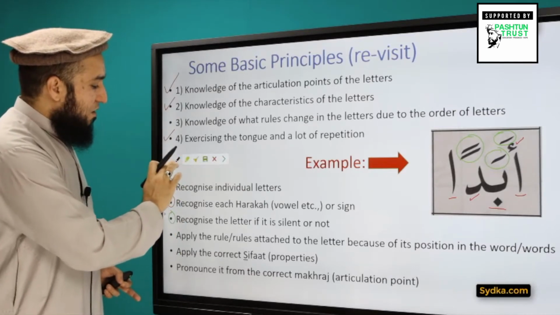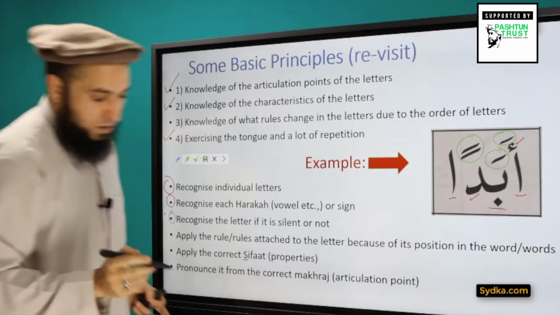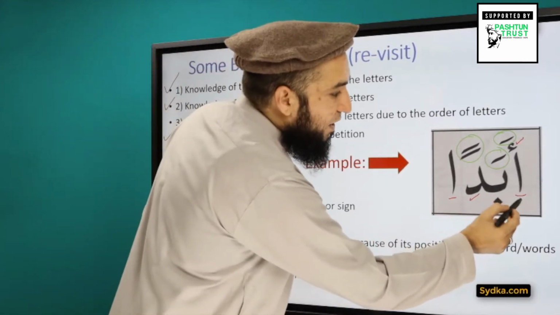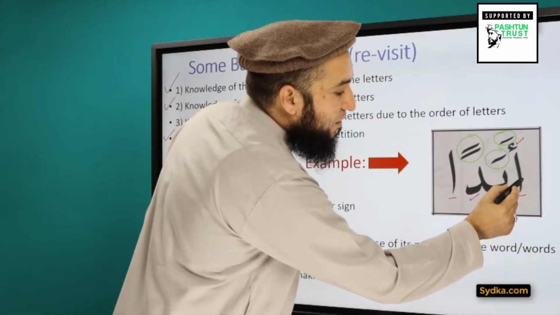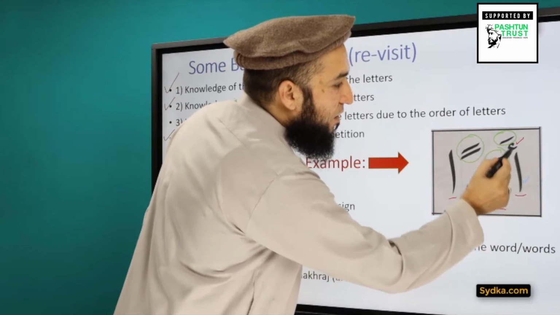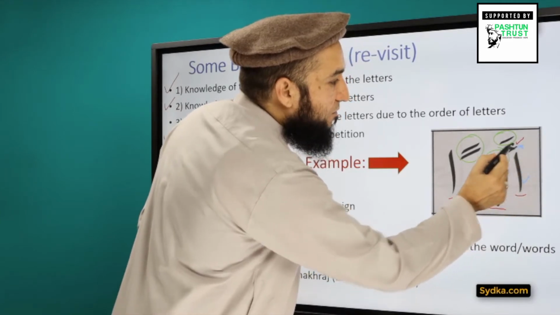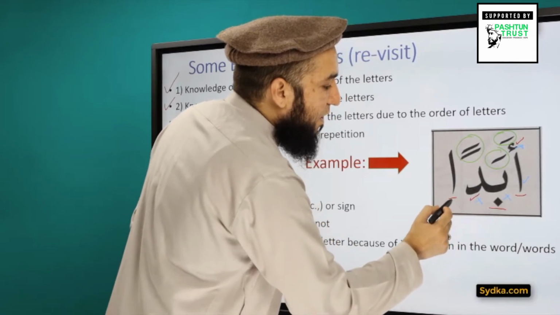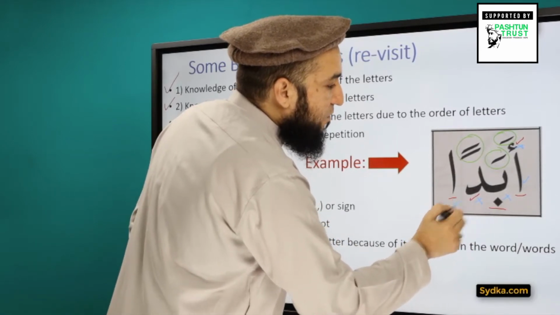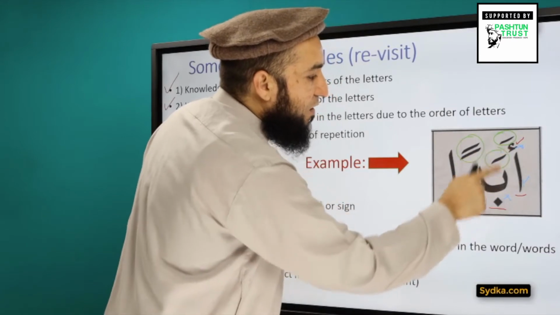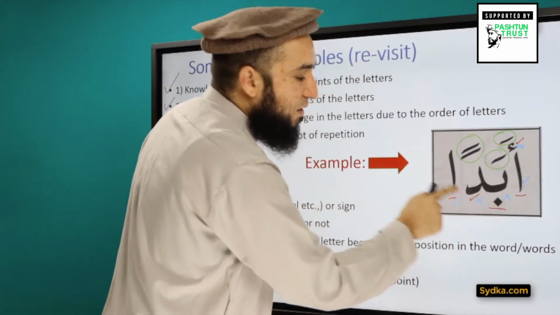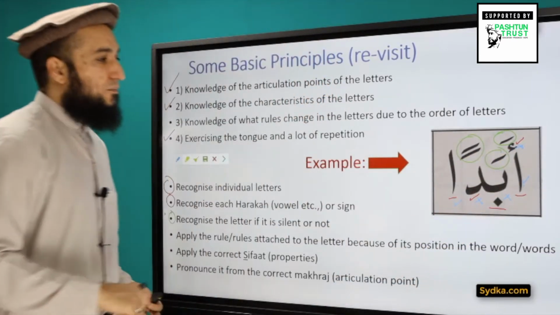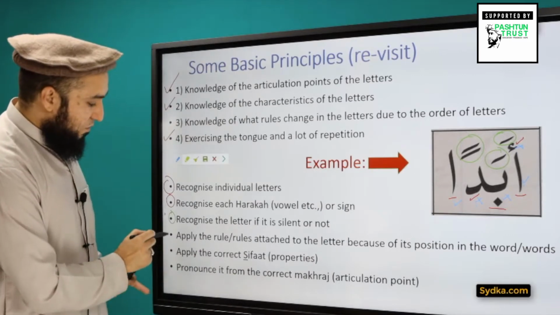Let's change the color. So if you see here, alif is silent, hamza is not silent, ba is not silent, dal is not silent, and alif is silent. So we recognize those ones.